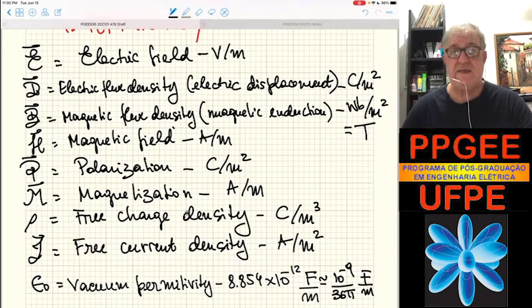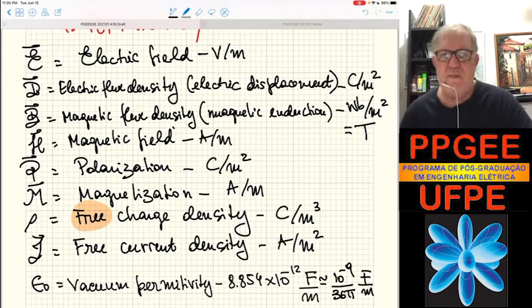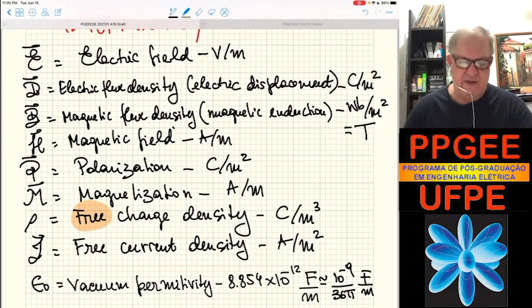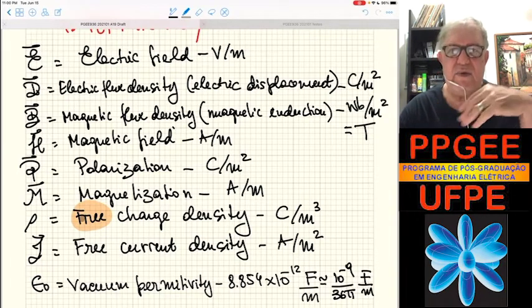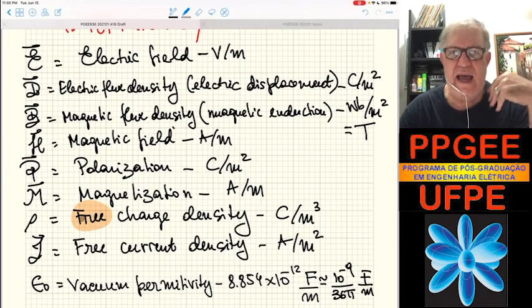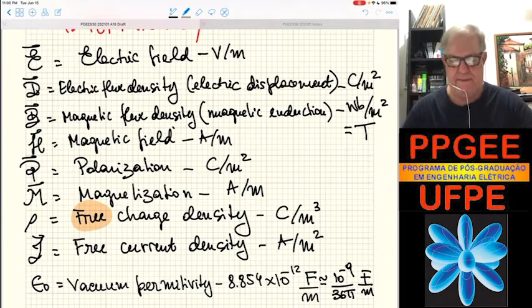Rho is the free charge density. Don't forget this word here, free, right? No bound charge enters in the definition of rho. This is a free charge. These are charges that move across the circuits between electrodes, in an ionic gas, for instance. These are the free charges, right?